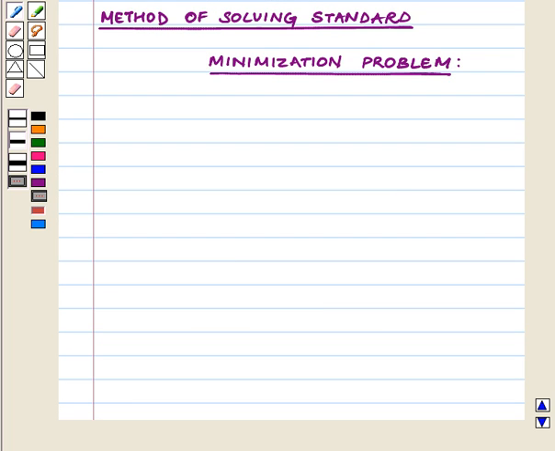Let us now discuss the method of solving a standard minimization problem. First, write the dual of the standard minimization problem.